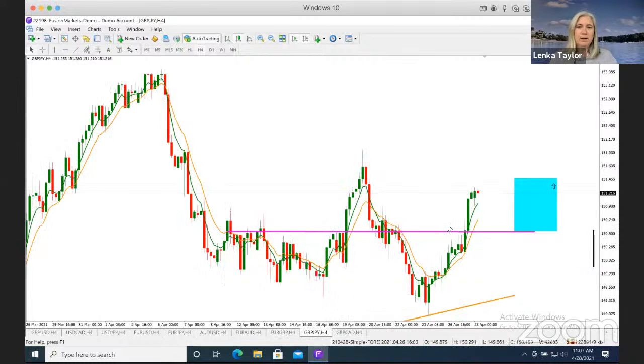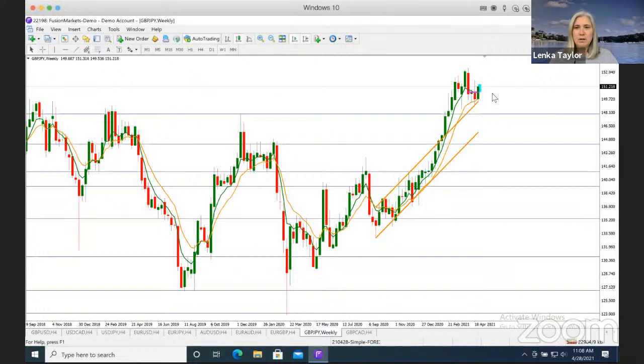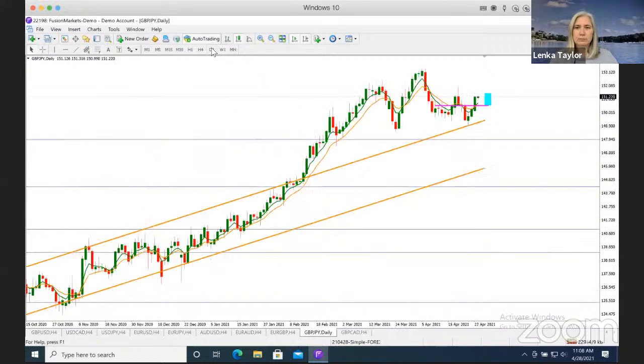Next currency pair I'm looking at is GBP JPY. So with this one, I'm still looking for a long at the top of that channel. The daily is also now back up from the trend line.